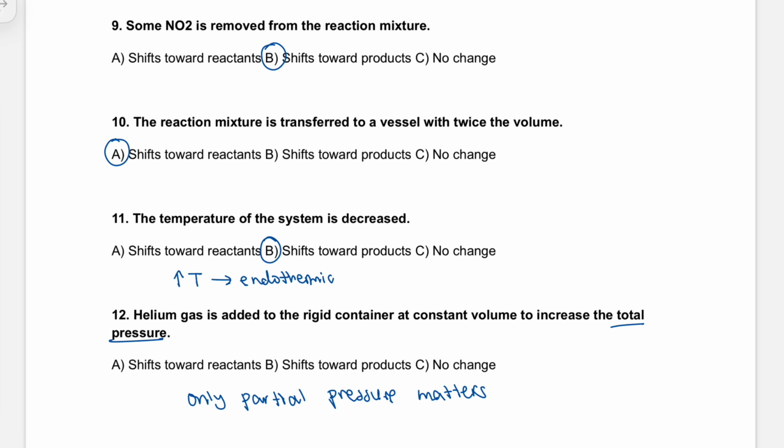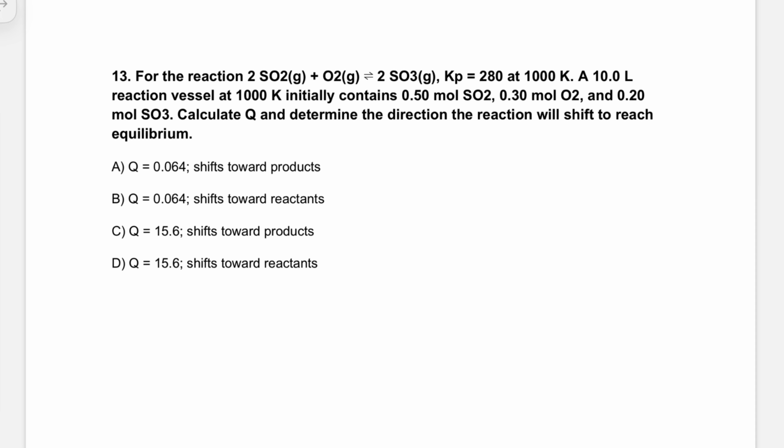Okay, moving on. For the reaction, Kp equals 280 at 1000 Kelvin. A 10-liter reaction vessel at 1000 Kelvin initially contained 0.5 moles of SO2, 0.3 moles of O2, and 0.2 moles of SO3. Calculate Q and determine the direction of the reaction, how it will shift to reach equilibrium.